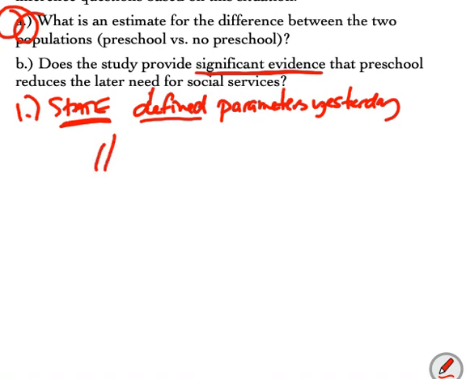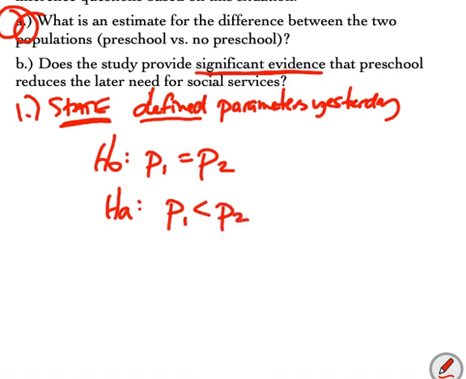So our null hypothesis here is simply that P1 is equal to P2. The intervention with preschool early on made no difference whatsoever. The proportion of kids who needed social services as adults is exactly the same as that for kids who did not attend preschool. Our alternate hypothesis is that P1 is less than P2.